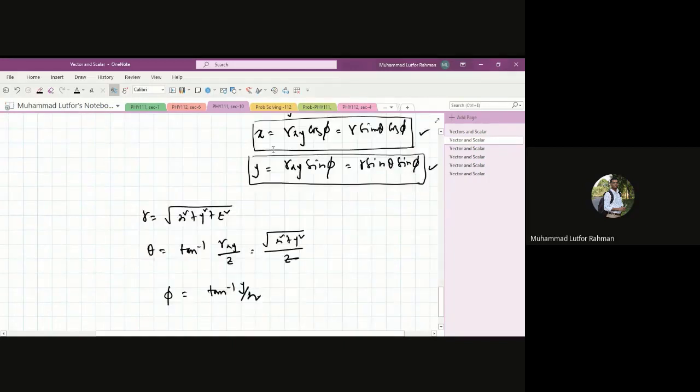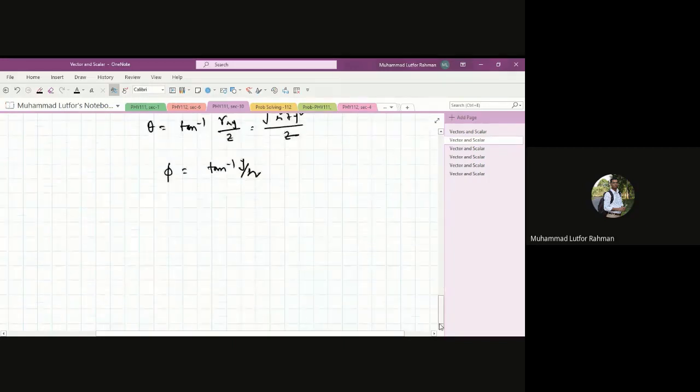And we can also find out the values using the same analogy I talked about. I just write down that value. What is r head? It's basically sine theta cos phi i head plus sine theta sine phi j head plus cos theta k head.